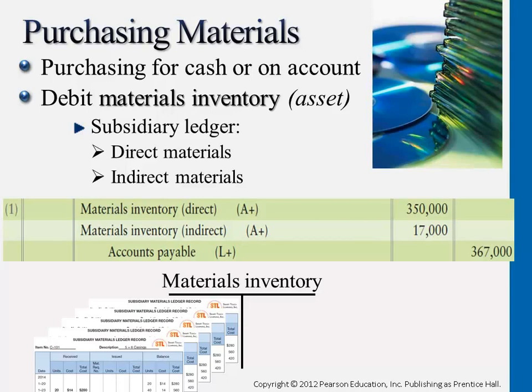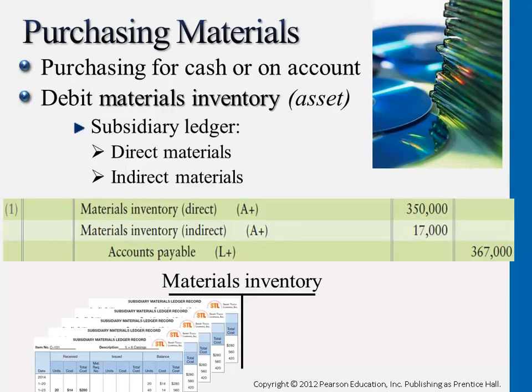So once we purchase materials, then when production team requests materials to start manufacturing the products, what would happen? What will be the second entry? This is purchasing side, right? What about using materials?